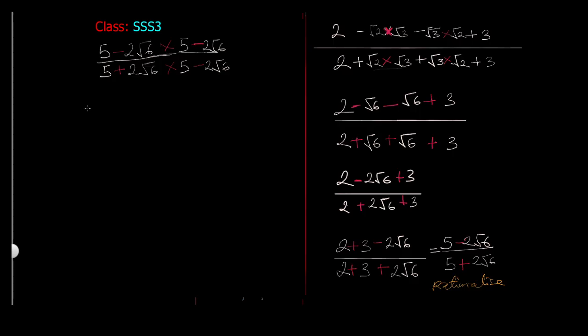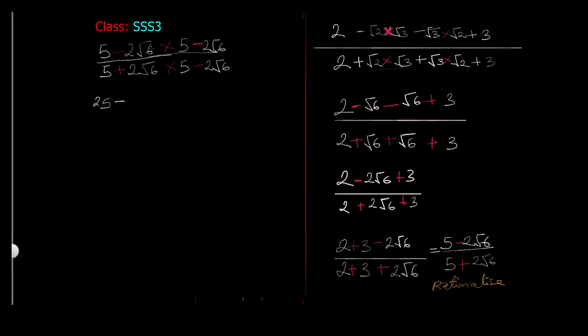Quickly, you're going to say 5 times 5, that will be 25. 5 times minus 2, that will be minus 10. Before now, I believe that we know what we are doing here, so I'm not bringing the bracket anymore.